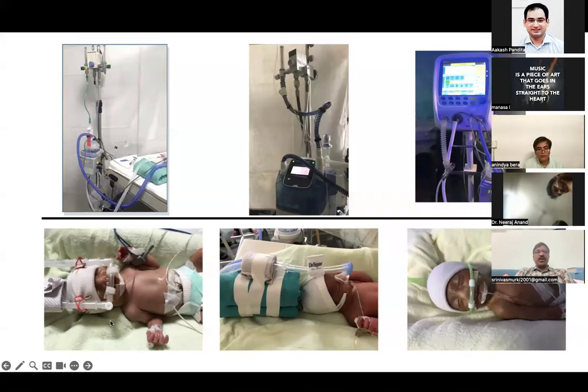You can use Hudson prongs, you can use a mask, or you can use a Ram's cannula. All 3 of them are good. So you can use any one, but among the machines, we would prefer to use bubble CPAP over the other CPAP because it is much more cost effective and much easier to learn and do also.